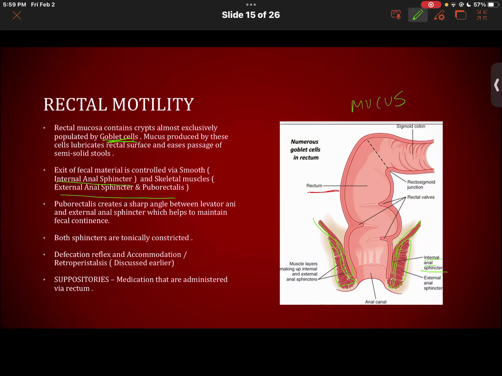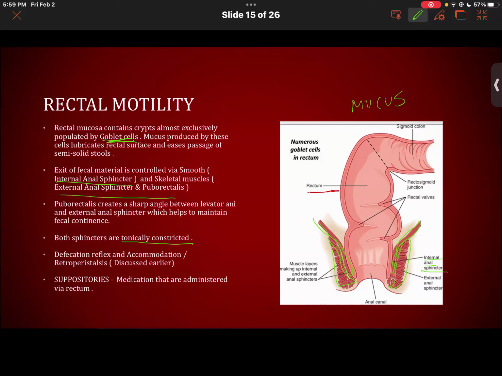But yeah, puborectalis creates the sharp angle between the levator ani muscle and the external anal sphincter, which maintains fecal continence, right? Both the sphincters are tonically constricted, and this is an important thing. Both the internal sphincter and the external sphincter are tonically constricted, which means they have a tone to them.